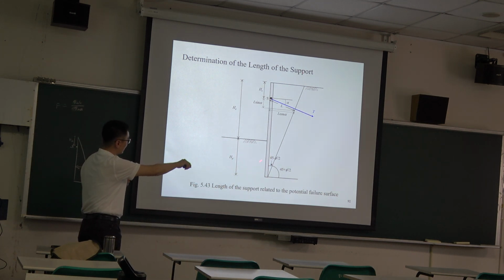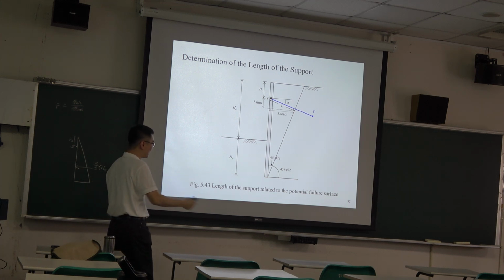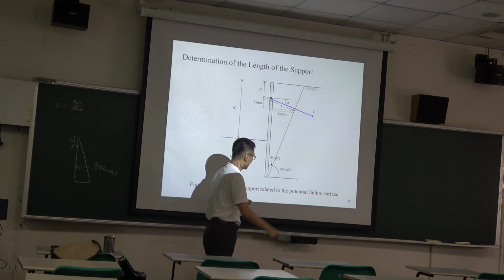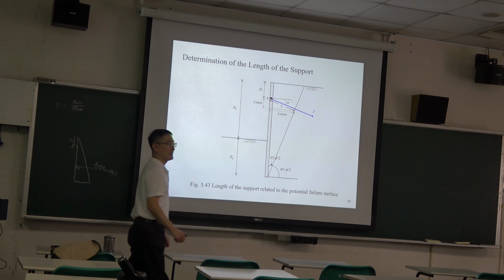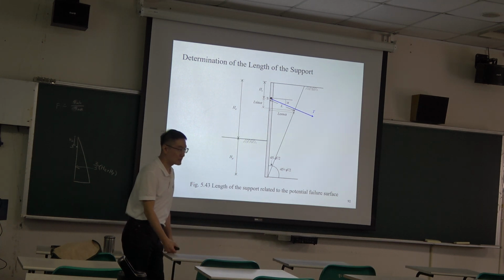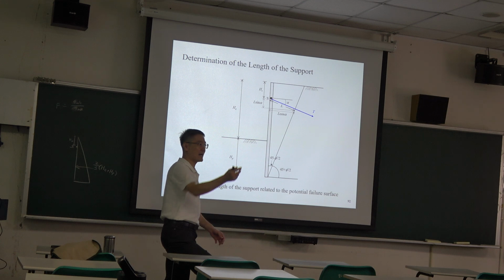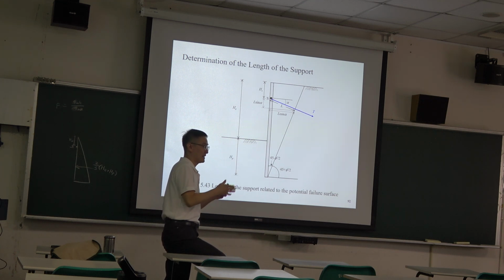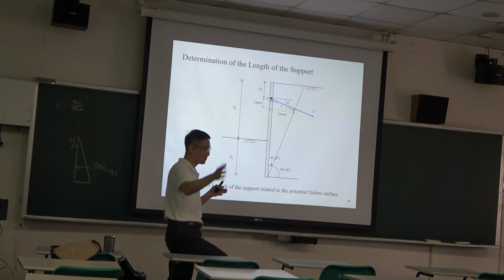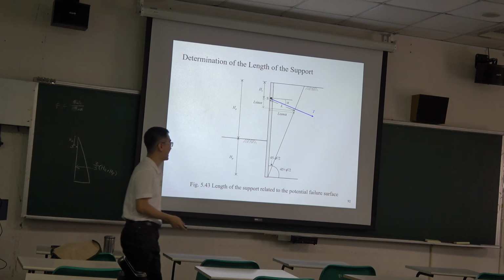Here is the possible failure mechanism, so we have to make sure it is long enough. But too long is not a good thing, because if the anchor is too long, for our installation, it cannot perform as well compared to a relatively short anchor length.